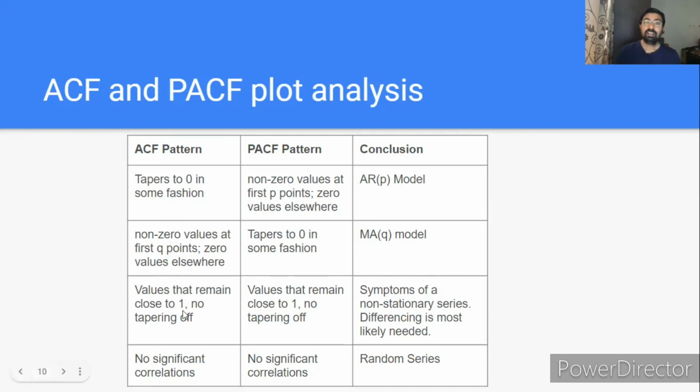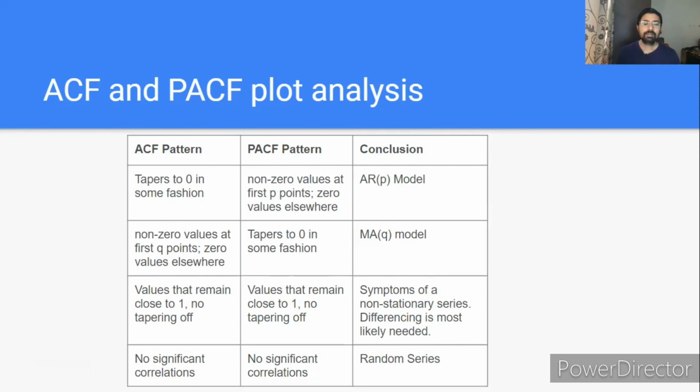But if those two plots never reach 0 at some point, then it's a non-stationary series, and you need to transform your data. The next case is where there is no correlation. The graph is not moving anywhere, so that is a random graph. You cannot achieve stationarity in that because there is no relation between those data points.